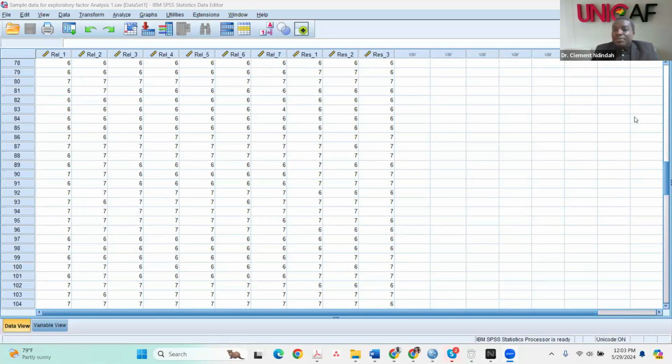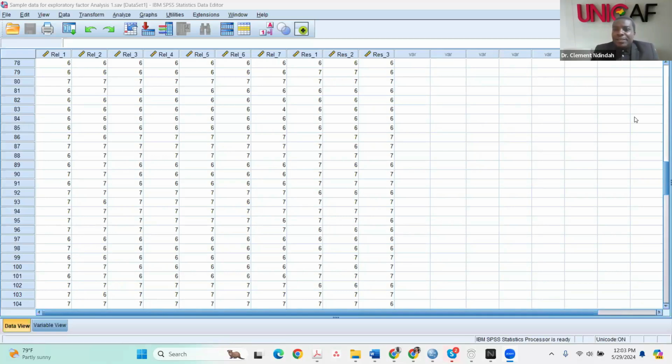Maybe you are carrying out a mixed method research and you use the exploratory sequential design, meaning you've collected data from experts in the domain, done some key informant interviews and the rest, and you have the opinions of experts, and you want to proceed with a quantitative research to measure the construct.